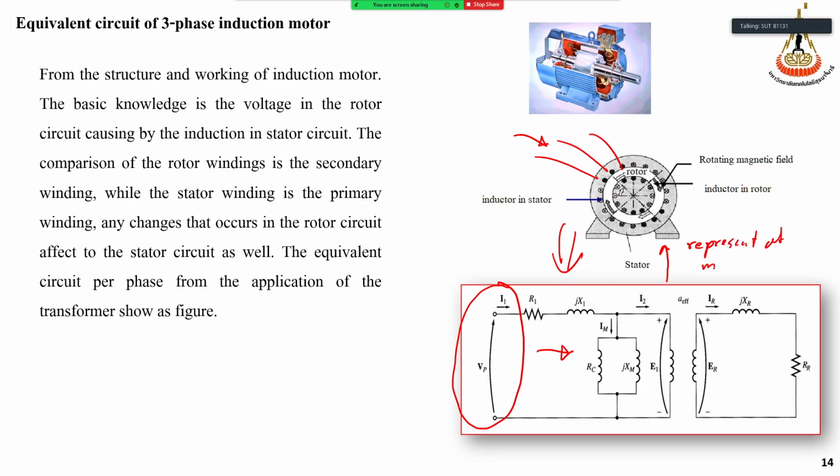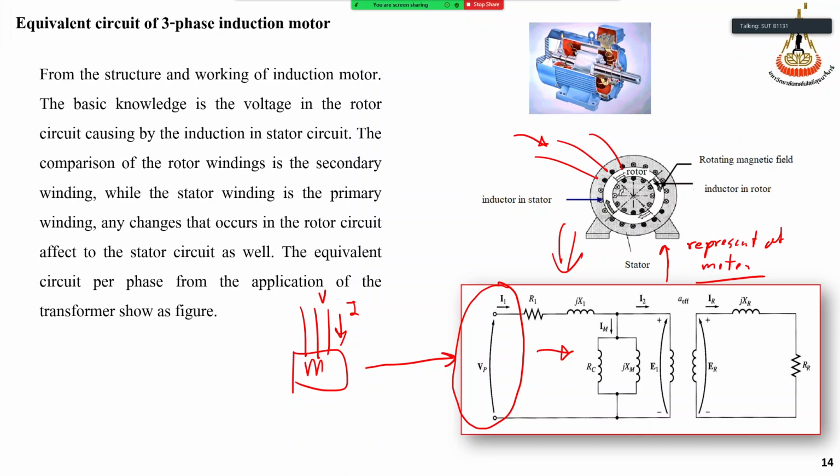It represents this motor here, and it's easier to analyze because when we have the motor and supply the power V and I, it's not possible to calculate directly, right? But if we know the equivalent circuit, we can calculate how much current flows in different parts of the motor, how much power is transferred into the output, and how much is loss.